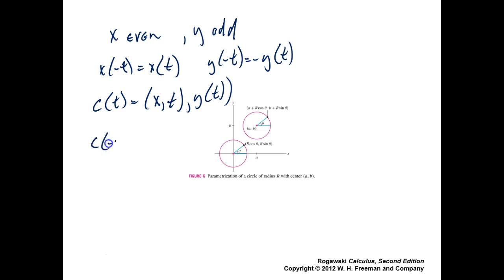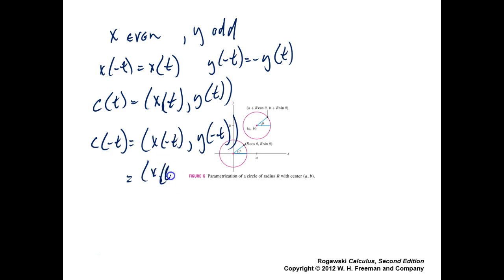We see what c of minus t would be. c of minus t would then be x of minus t, y of minus t. x of minus t is just x of t, and y of minus t would be minus y of t, because y is an odd function.